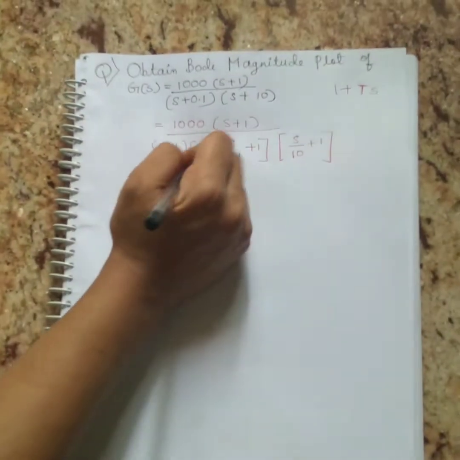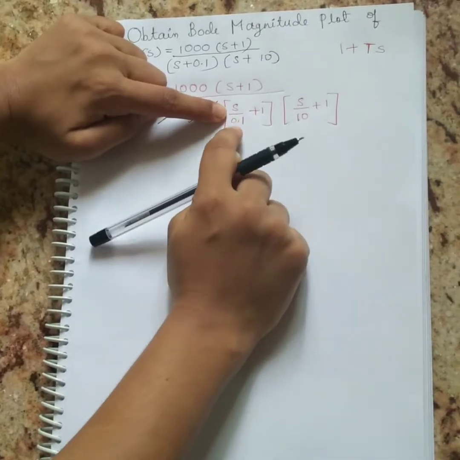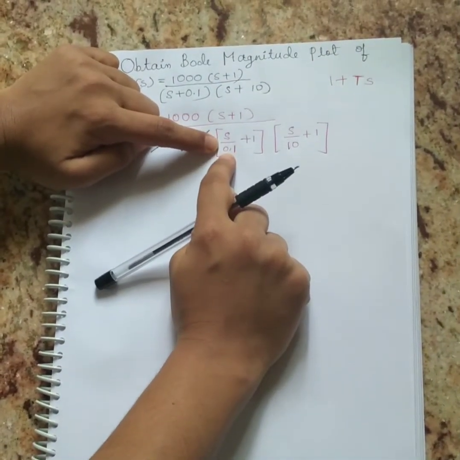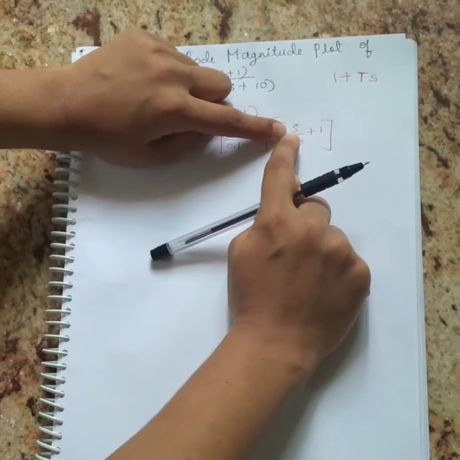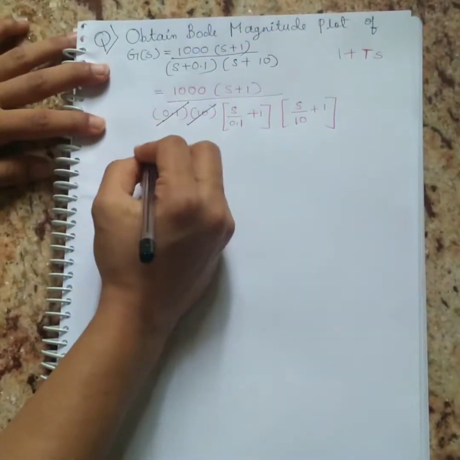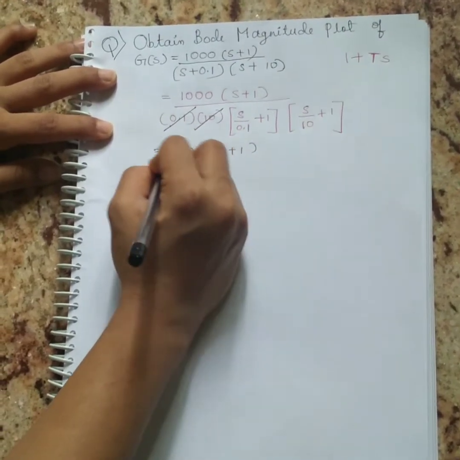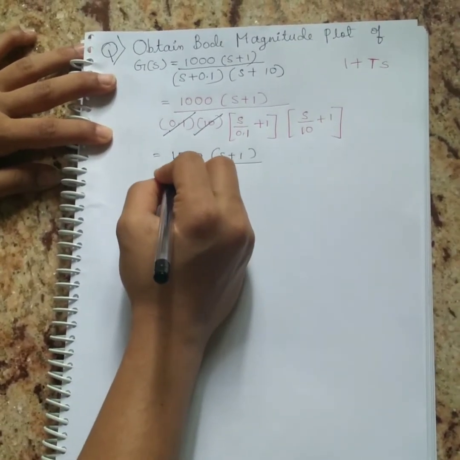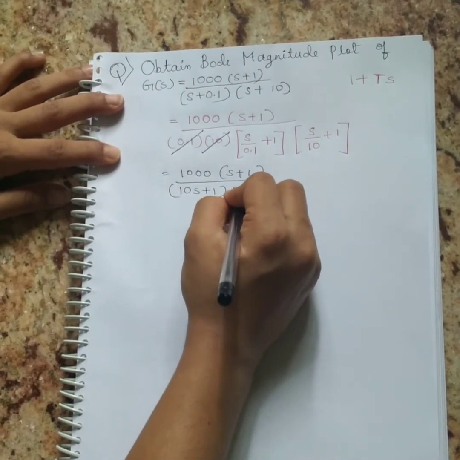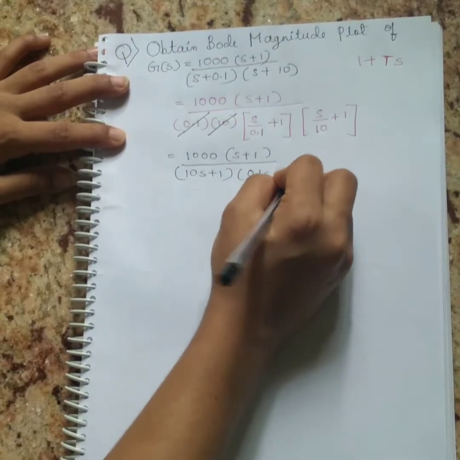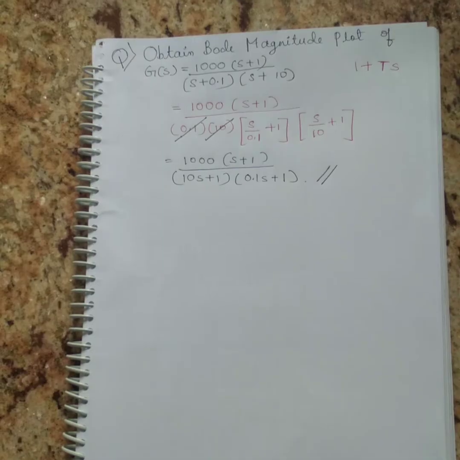So cancelling these two, we can find that this is in time constant form. So T1 is nothing but 1 by 0.1, which is 10, and here T2 is 0.1. So it is 1000 into (s plus 1) divided by (10s plus 1) into (0.1s plus 1). Now this is in time constant form. Now we can go into the next part.